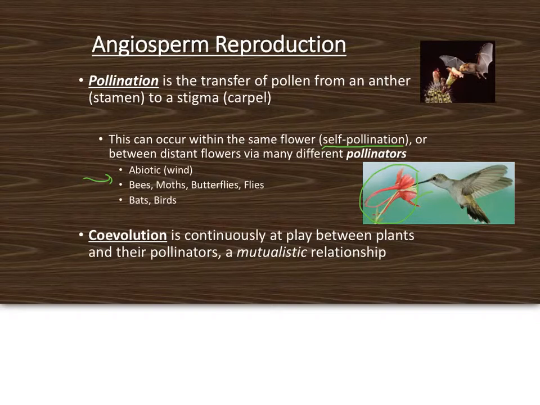But the flower wants the hummingbird to get really close so that it brushes up against it and picks up some pollen and takes it with it. So the flower will evolve to be a little bit deeper so that the hummingbird has to get closer to it. And the hummingbird evolves to have a little bit longer beak, and so on and so forth. So they evolve together to ensure that both of them continue to get the benefit that they're looking for.